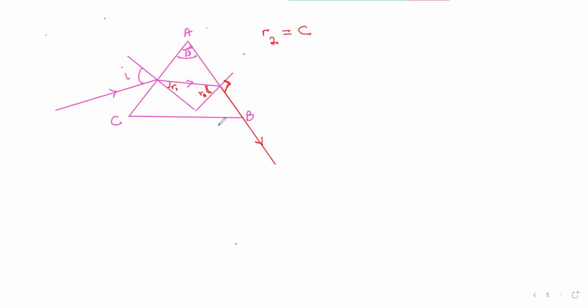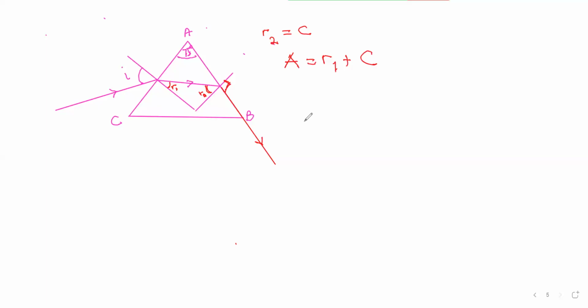Please, are we okay? Class, are we fine? Yes, please. Okay, so A is equal to R1 plus R2, which is actually the critical angle of the material, C. Okay, R1 we don't know, but we can find R2 in order to determine R1.